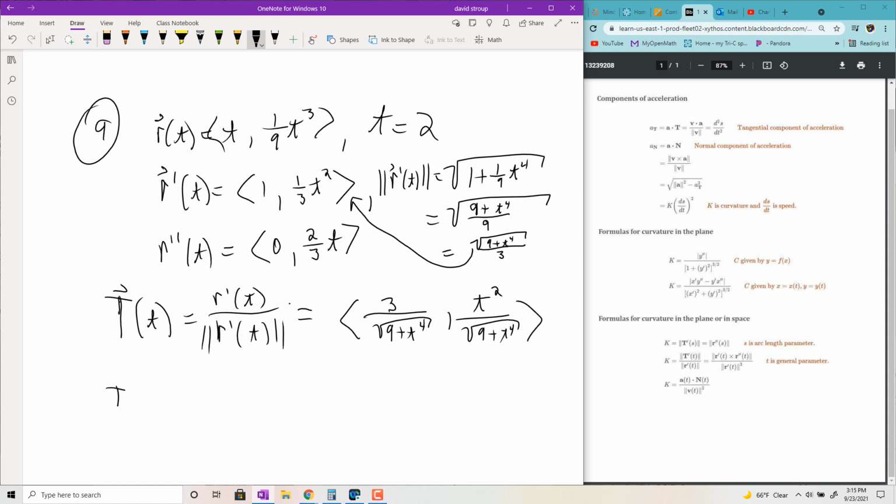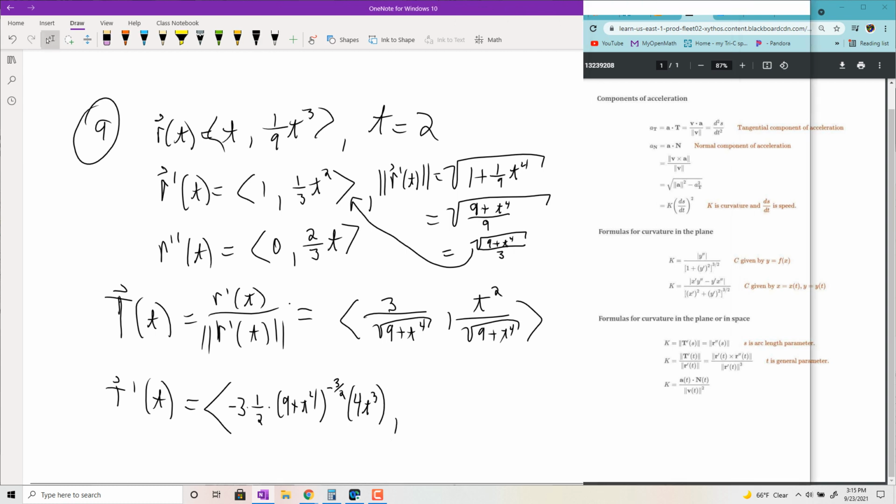Oh man, whatever, brute force it. T prime, so the first guy is going to be -3 times 1/2 times 9 plus t to the 4th to the -1/2 minus 1, which is -3/2, and then the chain rule, so I get 4t cubed, comma.